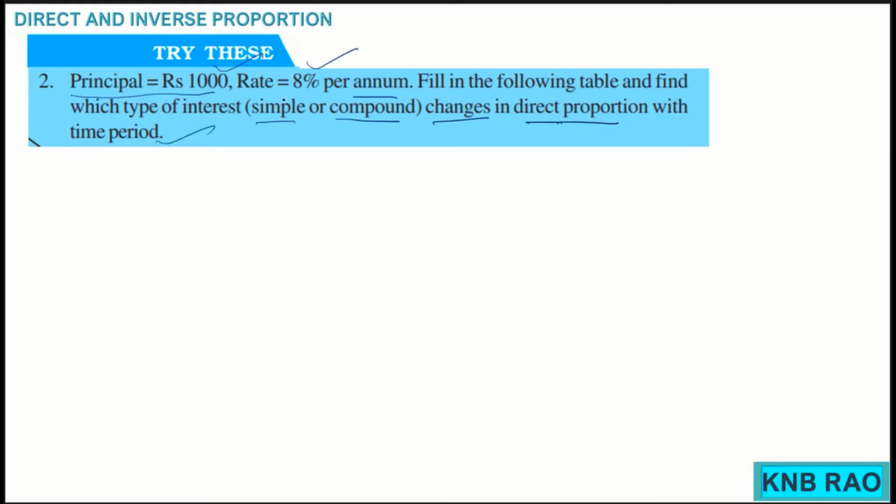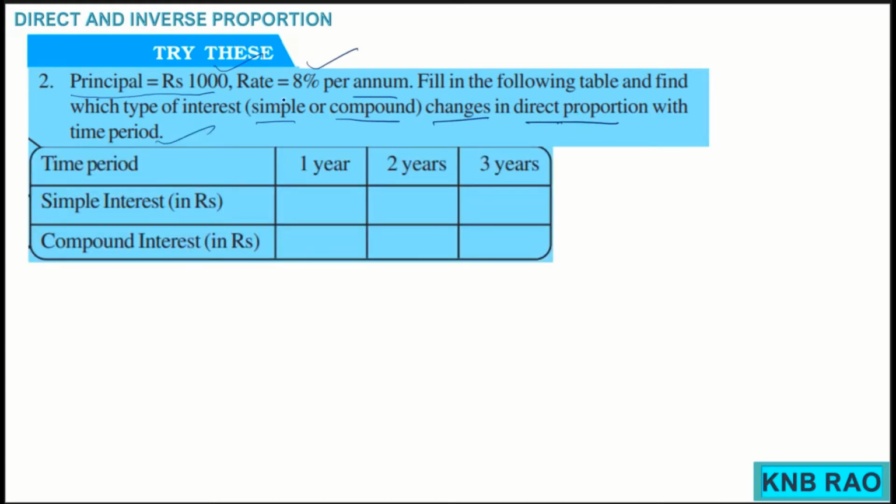We need to identify that. So the table is this, where simple interest for the first year, second year and third year is on the same 1000 rupees at the rate of 8% per annum, and compound interest also we need to find out and identify which of the interests is directly proportional with time.